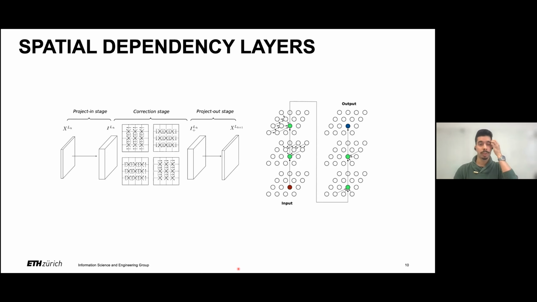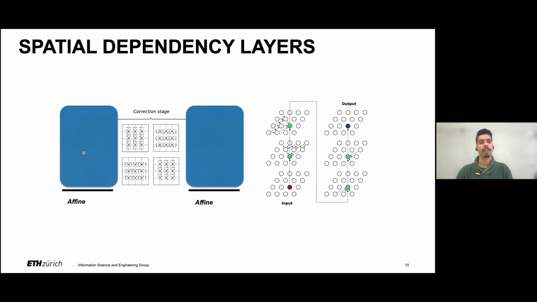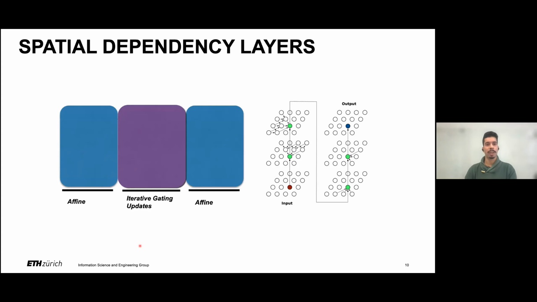So how do we do this? This is basically 2 affine transformations that are learnable. And then we use an iterative gating update to do this modeling, and this is done with a GRU in our case. So looking at what this layer does, we have an output here.